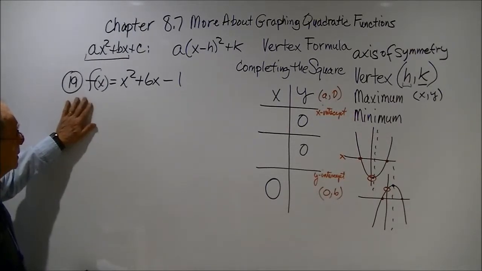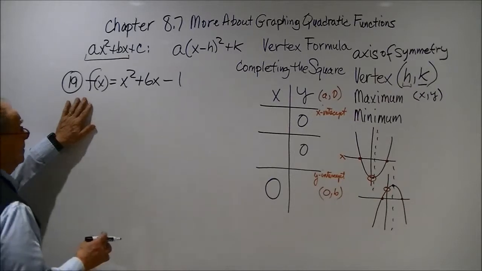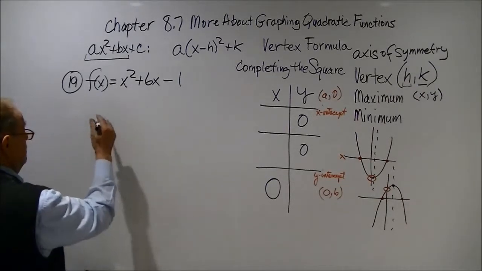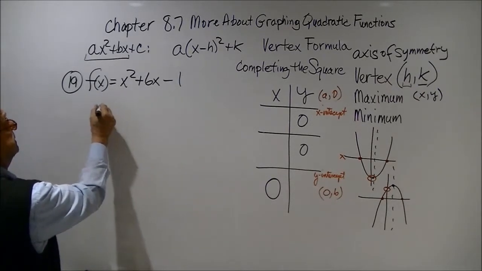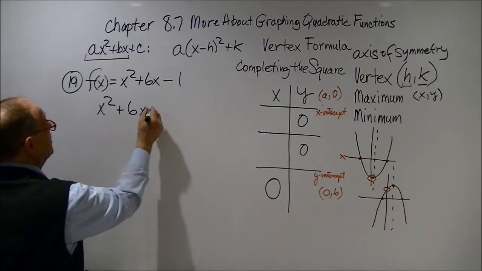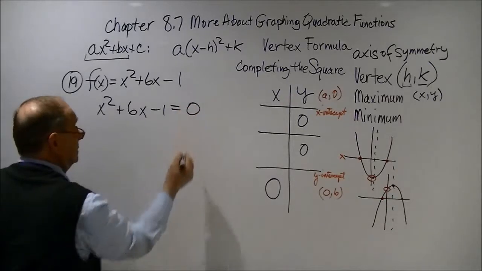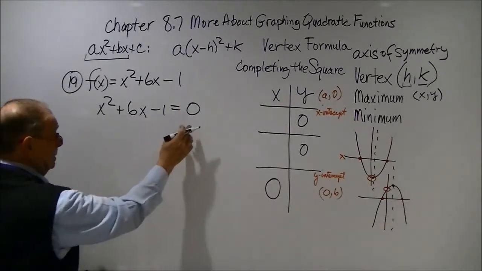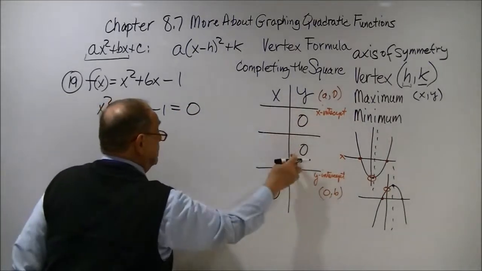Now we want to solve this for zeros in a sense. So if we rewrite this as x squared plus 6x minus 1 equals 0, because this is going to be our y value here.